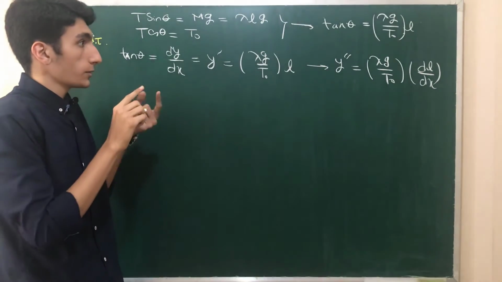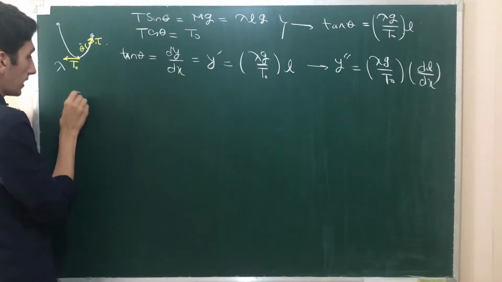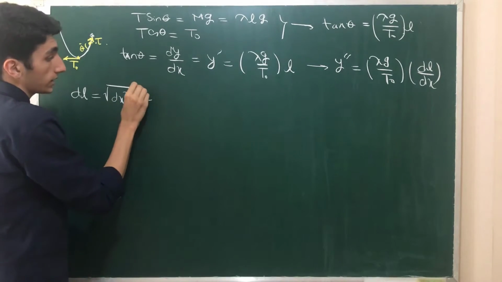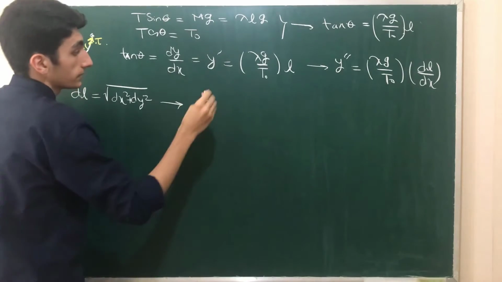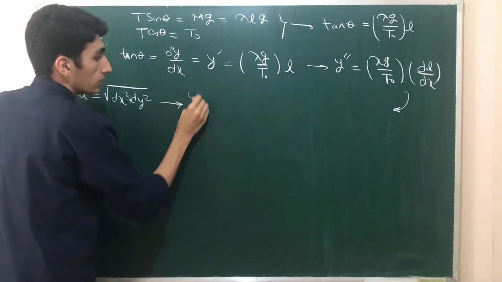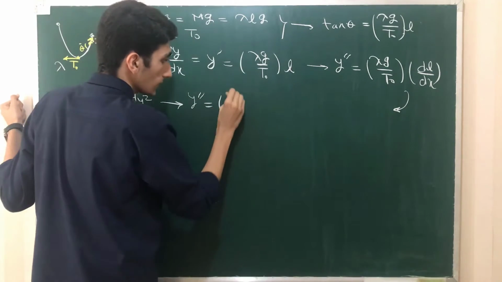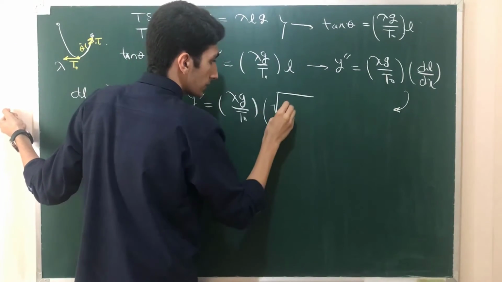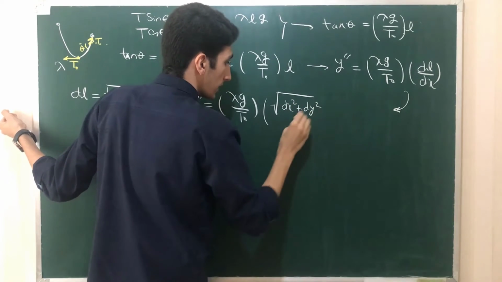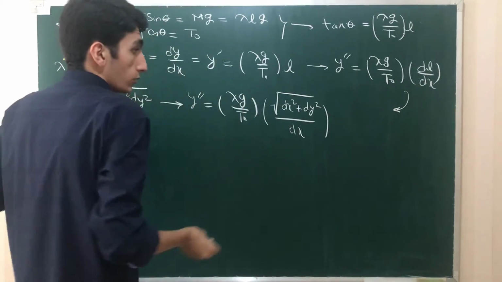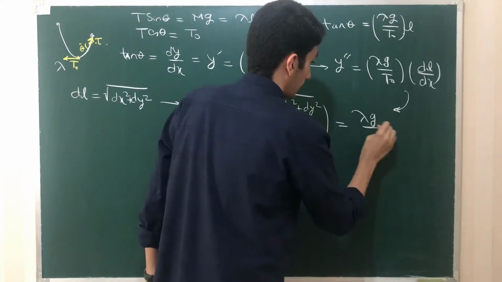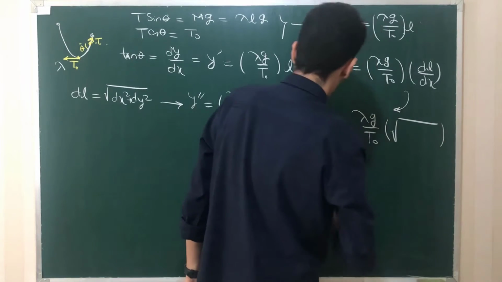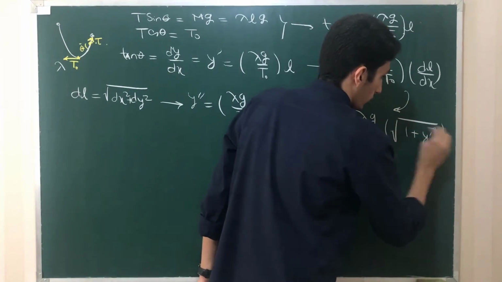For a really small piece of rope which has a length of dl, I have that dl is equal to the square root of dx squared plus dy squared, and I can write that equation as y double prime is equal to lambda times G over T0 times the square root of dx squared plus dy squared over dx, which is the same as lambda times G over T0 times the square root of 1 plus y prime squared.